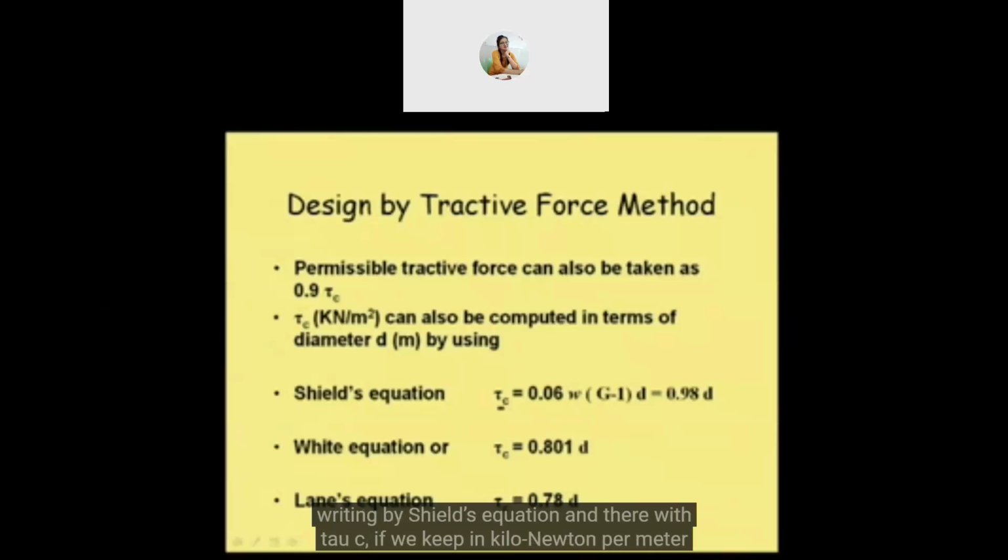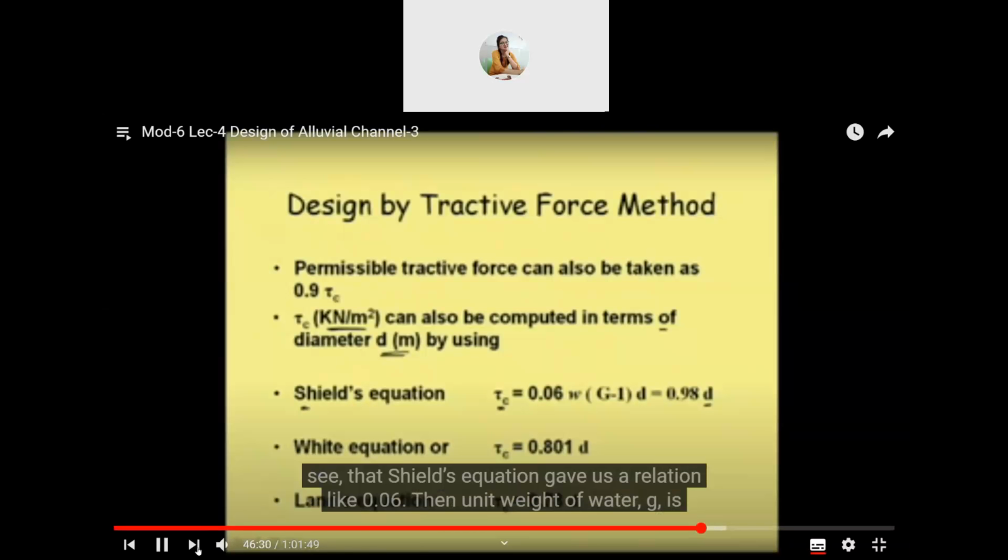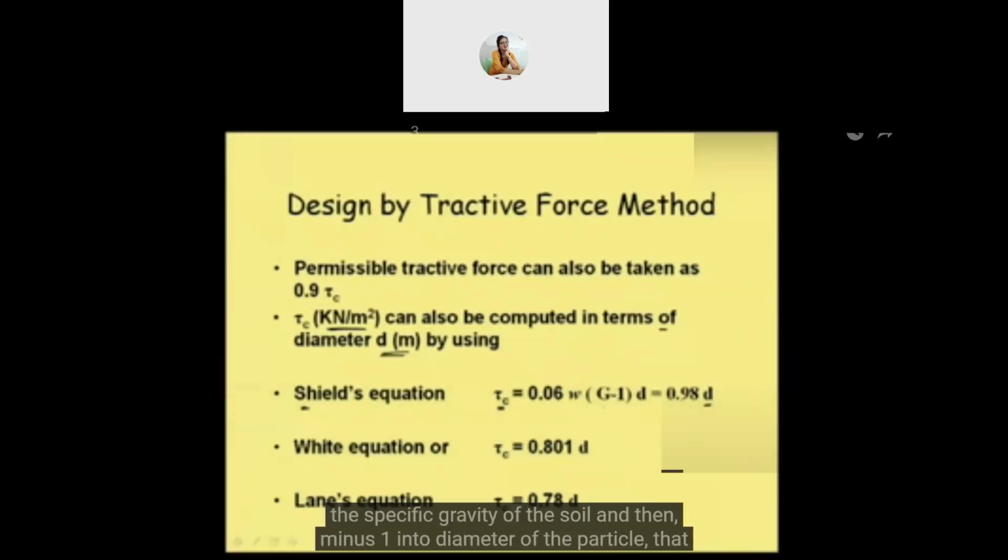With tau c in kilonewton per meter square and the diameter of the particle d in meter, Shield's equation gave us a relation like tau c = 0.06 times the unit weight of water, times (G minus 1), where G is the specific gravity of the soil, into the diameter of the particle. That simplified equation we could get.